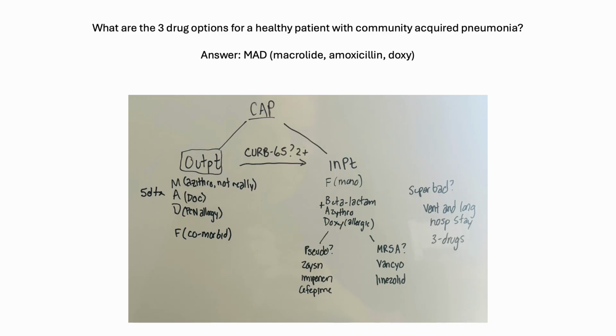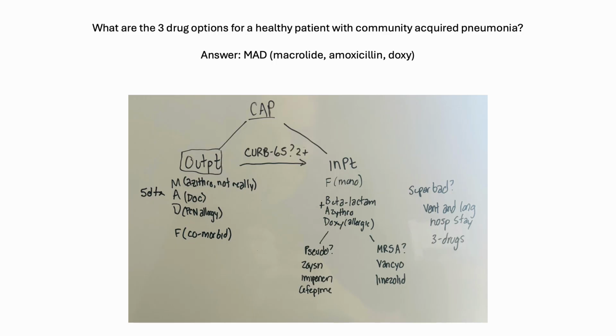We can do amoxicillin, which is the drug of choice, although because of resistance, people don't always use it. And then if they can't do the amoxicillin, we'll do the doxycycline if there's that allergy. If you get community-acquired pneumonia, you're MAD, so use your MAD drugs for that.